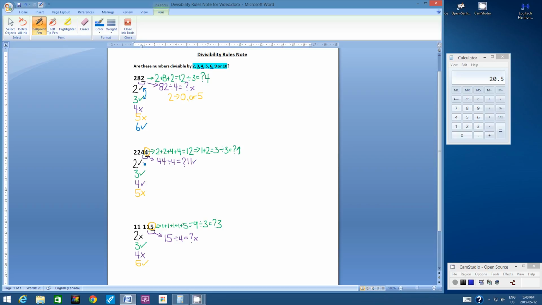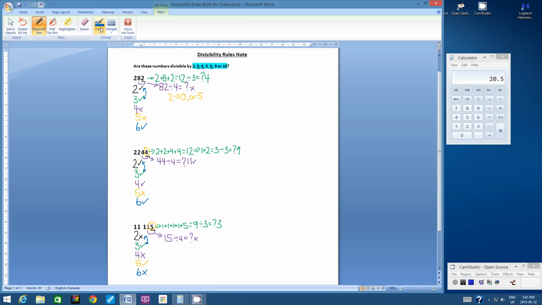Is it divisible by 2 and 3? Yes, it is. So if it is divisible by 2 and 3, then it is also divisible by 6. Let's look at the last number, 1,115. Is it divisible by 2 and 3? Well, it's divisible by 3, but it's not divisible by 2. So that doesn't work. It has to be both of them, not one or the other.